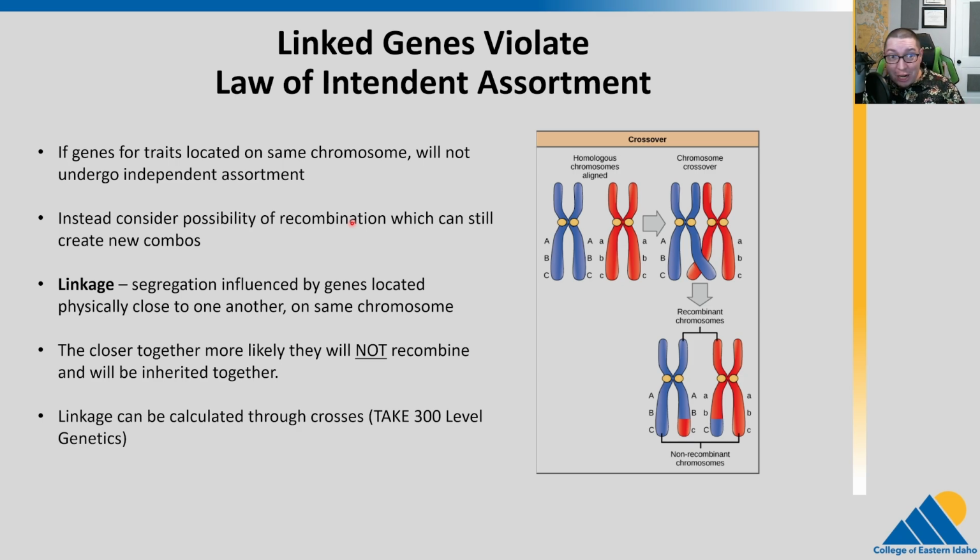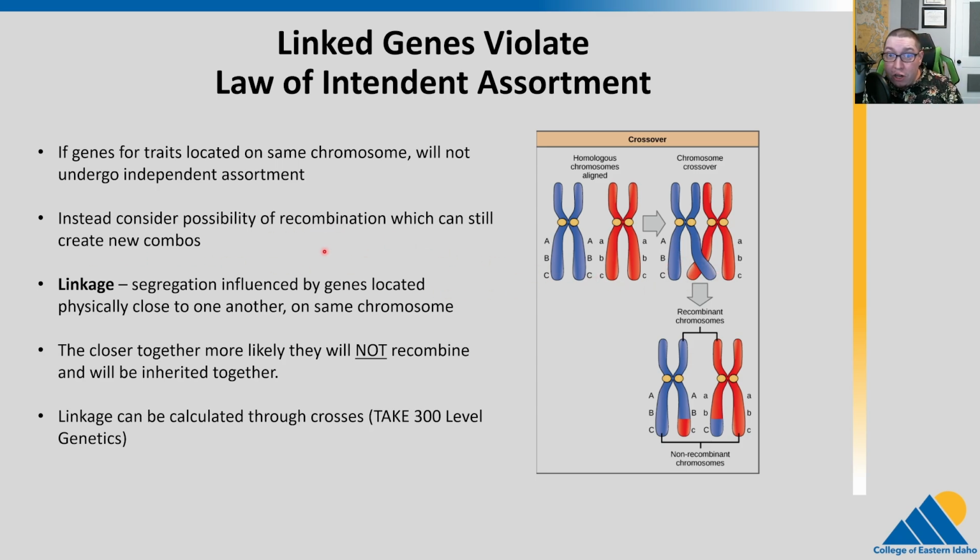So linked genes can violate this law of independent assortment. If genes for traits are located on the same chromosome, they won't necessarily undergo independent assortment. They're coming together because they're on the same thing. So we instead can consider the possibility of recombination, though, to create new combos.